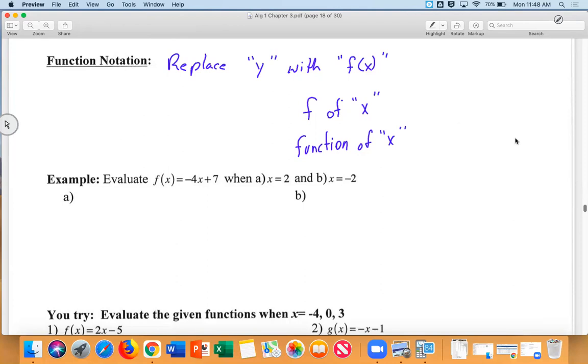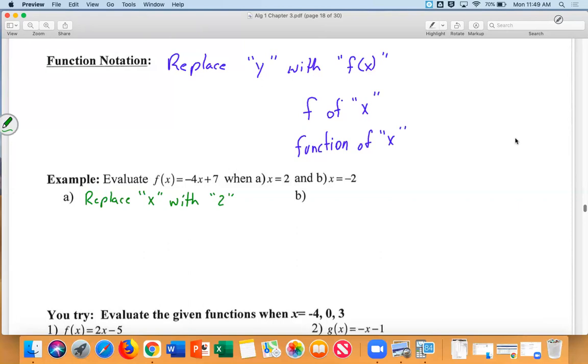Now, it's saying, what is this when x is 2? So everybody go to 2, negative 1. Now, here's what they're doing. This is how you're going to see it in the text. They are saying let x equal 2. So they're going to replace the x's with a 2.